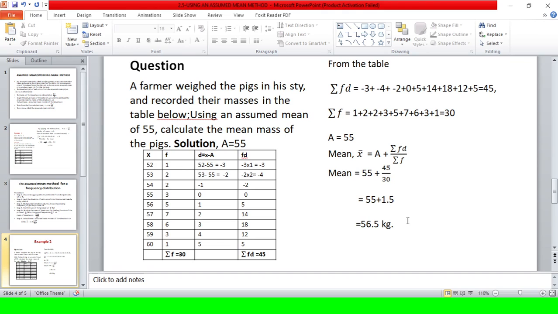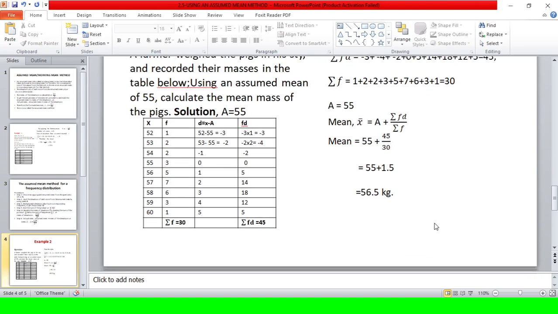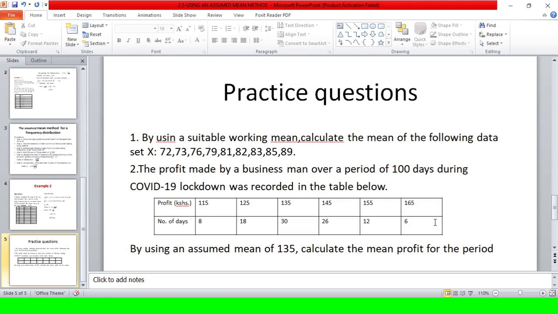So the mean mass of the pigs is 56.5 kilograms. That's how to calculate the mean of a frequency distribution using the assumed mean. Very well. For practice, we have practice questions here.